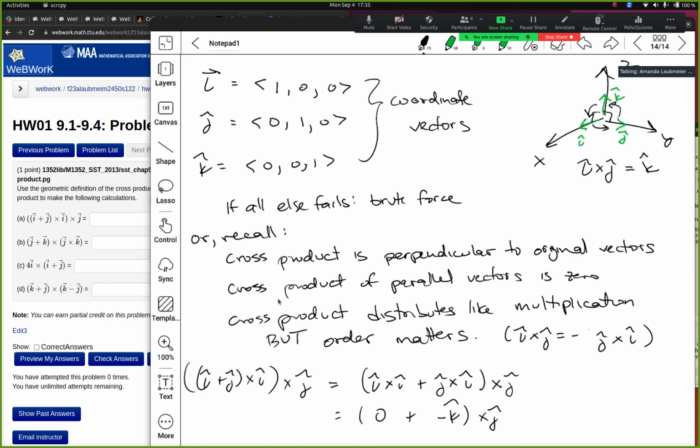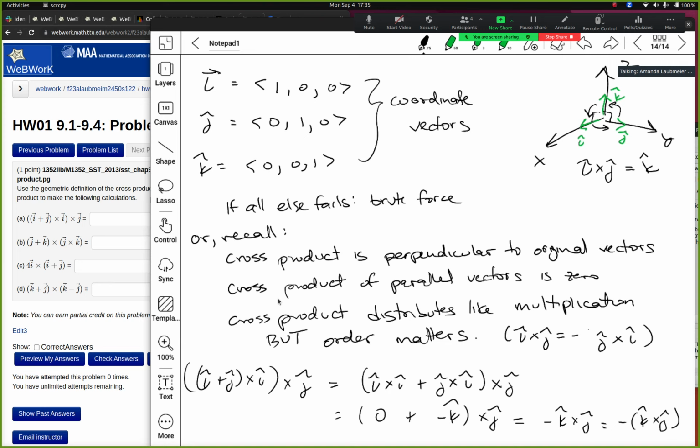And then I can go ahead and do my distribution again. j hat cross 0 doesn't matter, that's a 0. And so I'm just left with minus k hat cross j hat. I can pull that minus out front so I don't have to think about it for now. And I can do the exact same reasoning: k hat cross j hat is going to have to go in direction i hat or minus i hat.